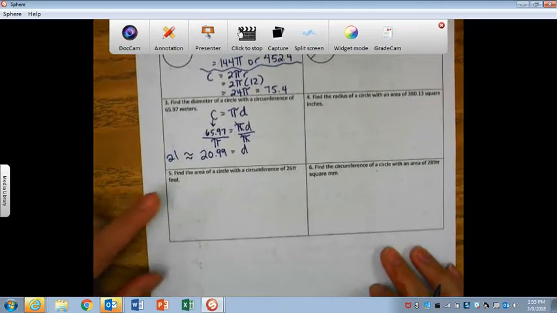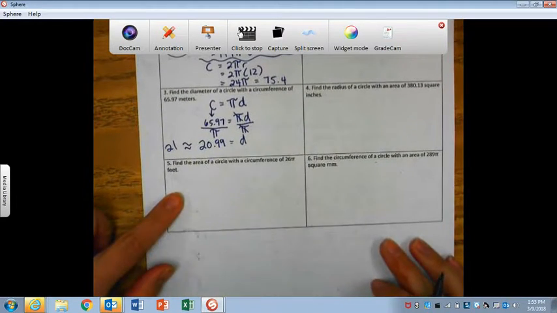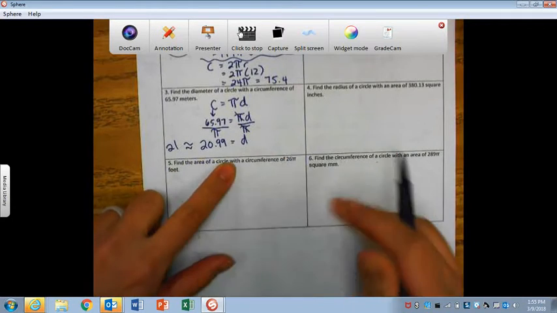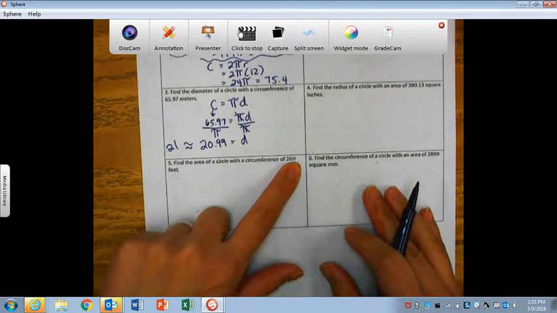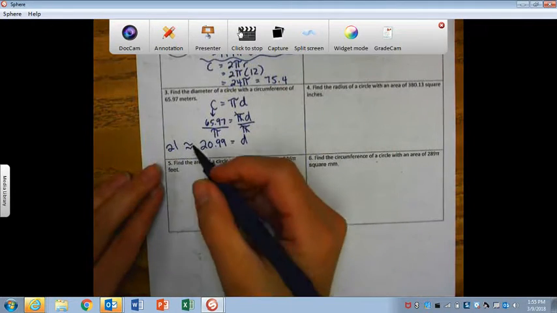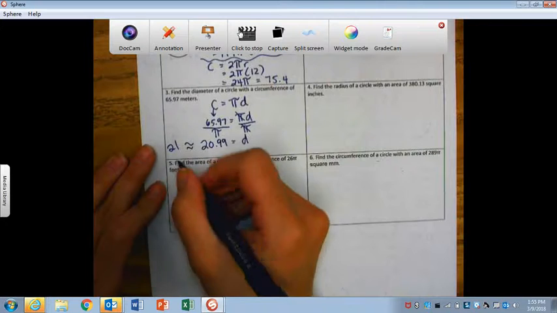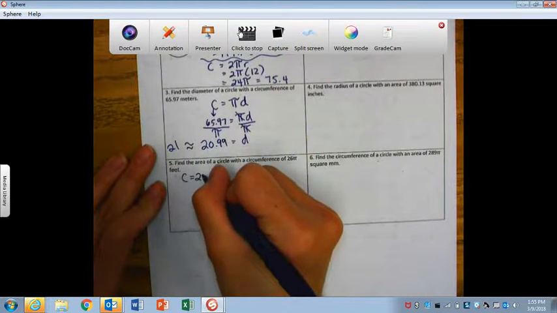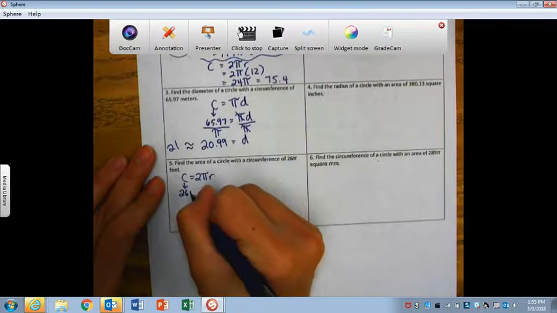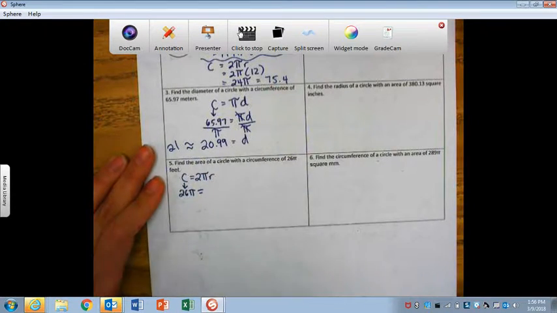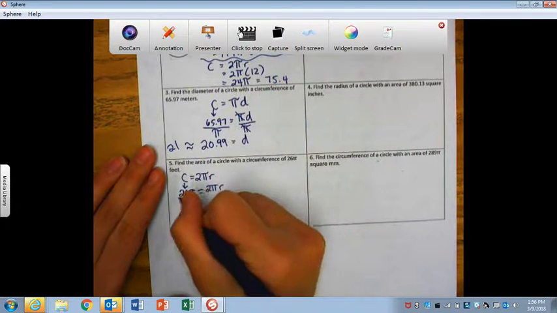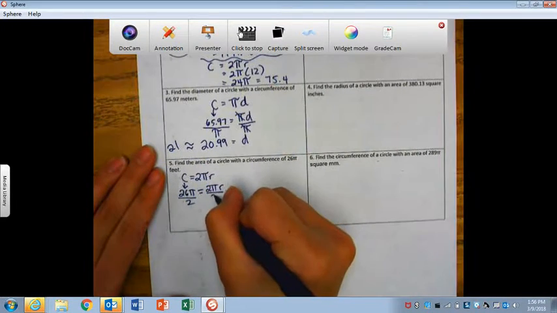I want you to try number 4. Let's do one last problem together. Find the area of a circle with a circumference of 26 pi feet. First step, you have to do circumference, because that's what you're given. Circumference is 26 pi, equals 2 pi r, and let's divide by 2 to isolate some things.